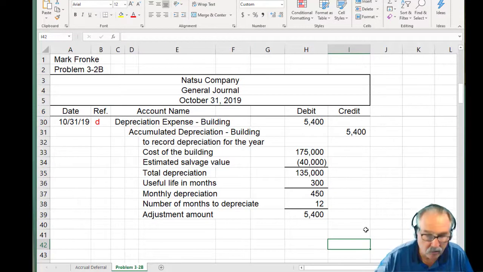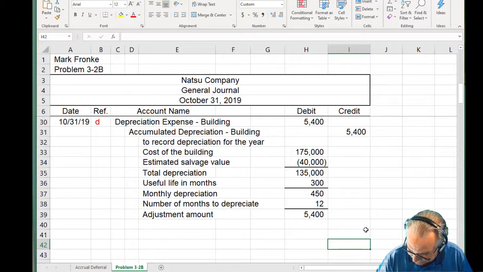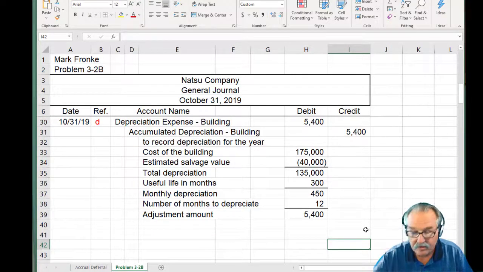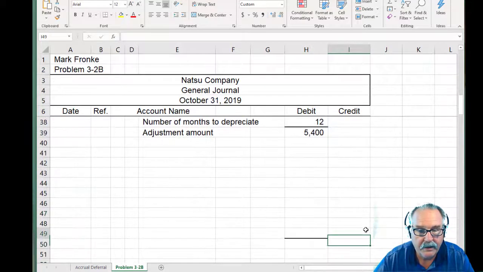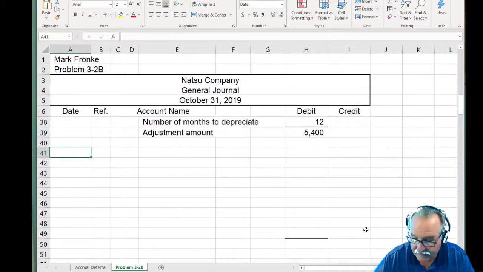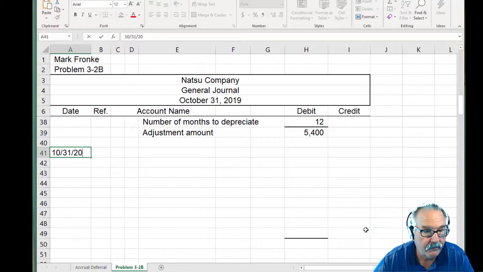Transaction E, or adjustment E, says that the company does not occupy the entire building, so it rented a space to a tenant at $1,000 a month. They paid the rent on September 1st. However, October hasn't been paid. So we need to accrue for the rent that we will receive in the future from this tenant.